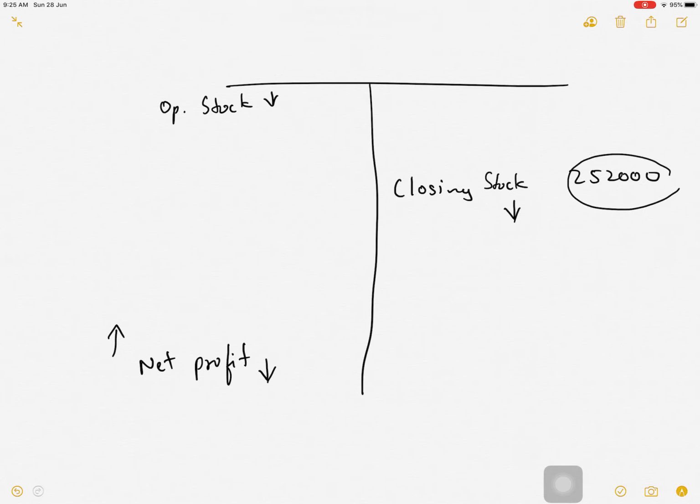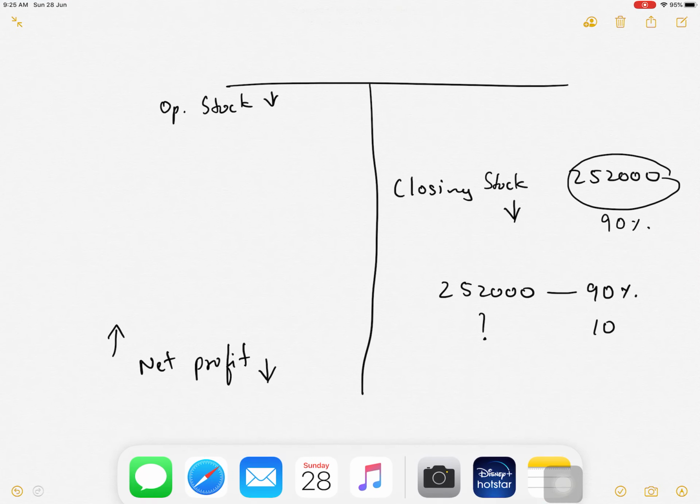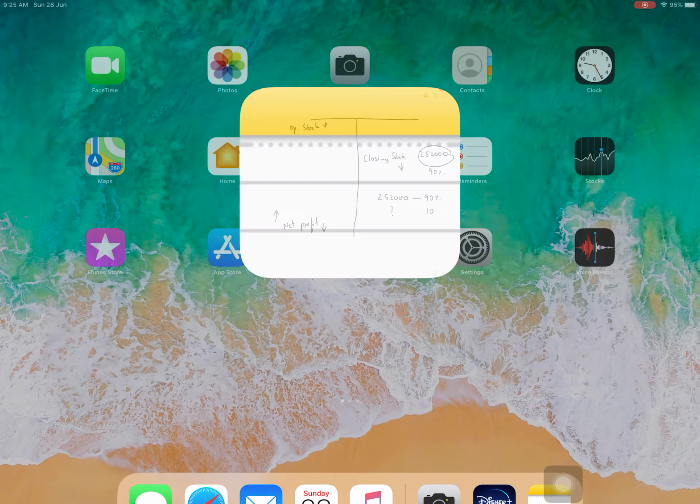So closing stock was understated by 10%. That means this is only 90%. So if 2,52,000 is 90%, that means it is understated by 10%, right? So how much is the 10%? So 2,52,000 divided by 90 into 10.